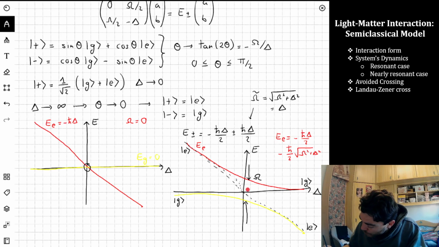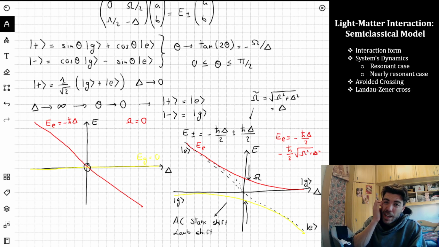And this shift of the degeneracy, with an energy that is exactly the Rabi energy, if you want, the Rabi frequency, is called the AC Stark shift, or sometimes the Lamb shift of the atom.